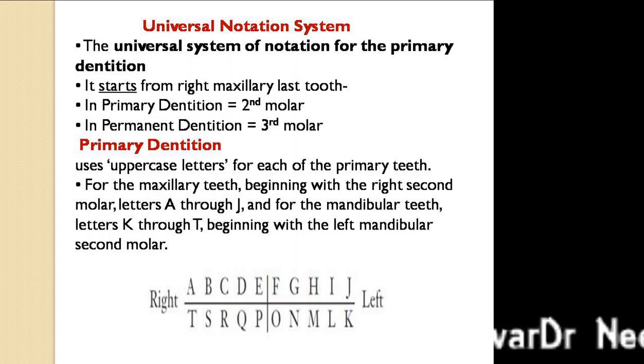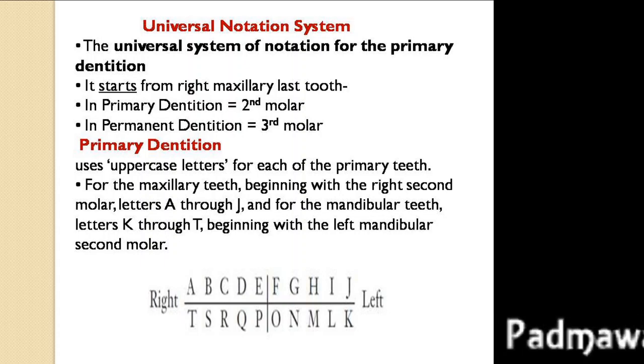Coming to the left side, I start with the maxillary central incisor. On the left side, continuing from E, there will be F, G for lateral incisor, H for canine, I for the first molar, and J for the second primary molar.